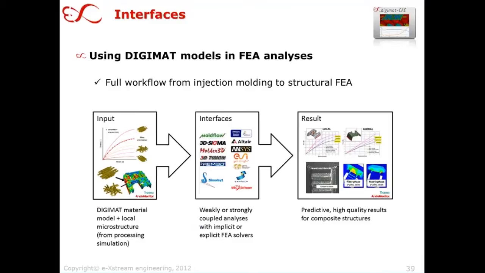And on the FEA solver side, we really cover everything that's there, so Abaqus, Altair software, and so on and so forth. You put together your coupled analysis in this module, and then you run your DIGIMAT material behavior in your FE analysis via user subroutine, and the DIGIMAT subroutine automatically takes into account the fiber orientations as predicted by the injection molding code.